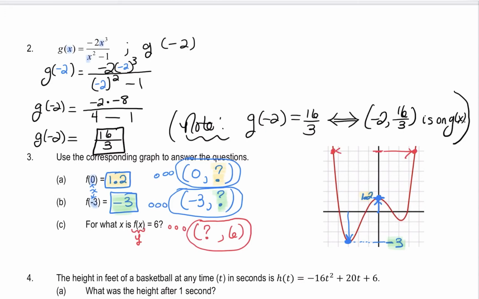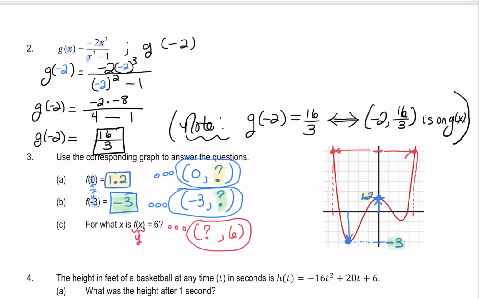And hopefully what you notice on this one is this time we have 2 different points where the y coordinate is equal to 6.